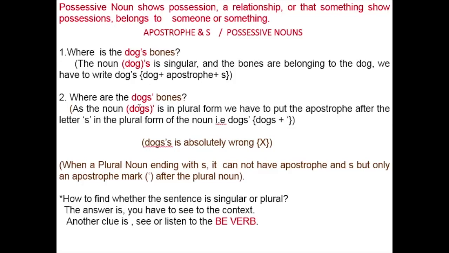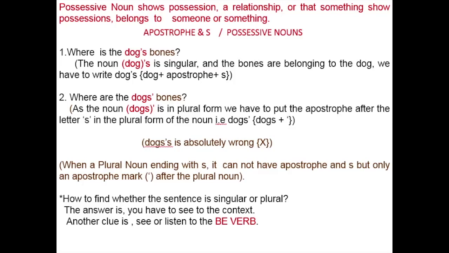But when it is in plural form and ends with S, the apostrophe should be after the plural S, which will tell you the ownership. When a plural noun ends with S, it cannot have apostrophe and S, but only an apostrophe mark after the plural noun.